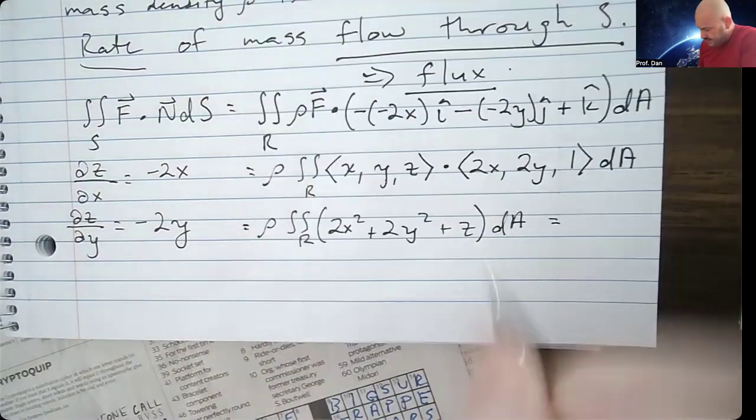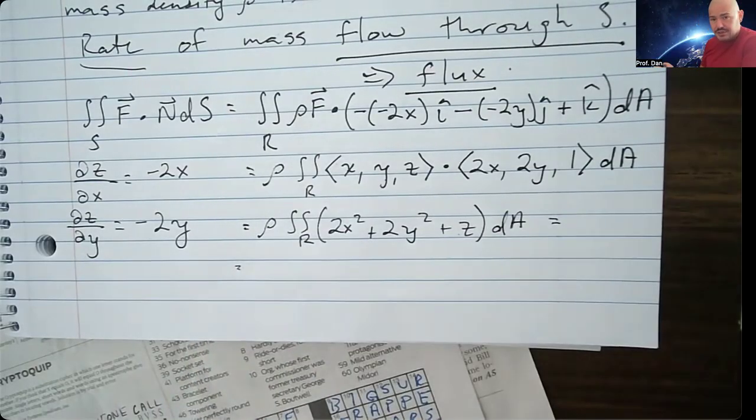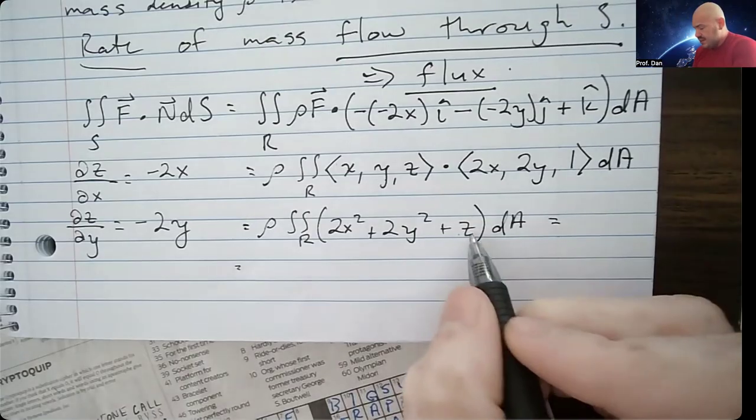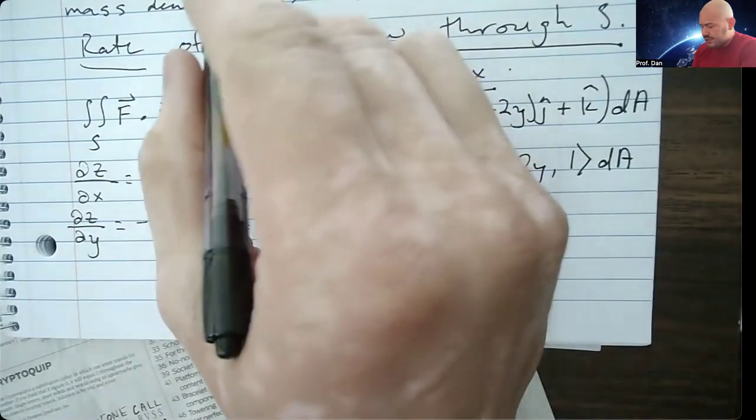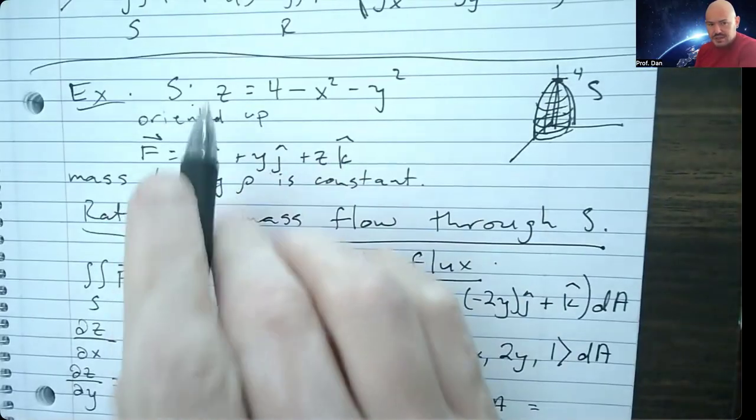So with z, remember, just like in the other integrals, we've done this with the other examples as well. When I have a z in my integrand, I can rewrite it with whatever I got from isolating z in my surface.